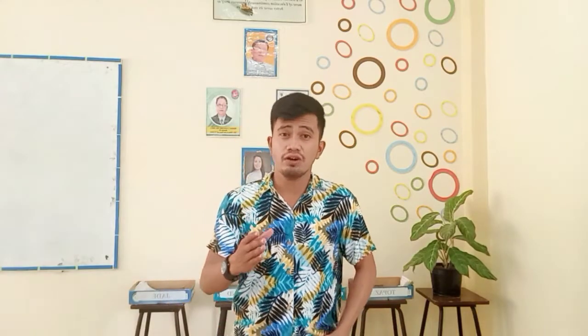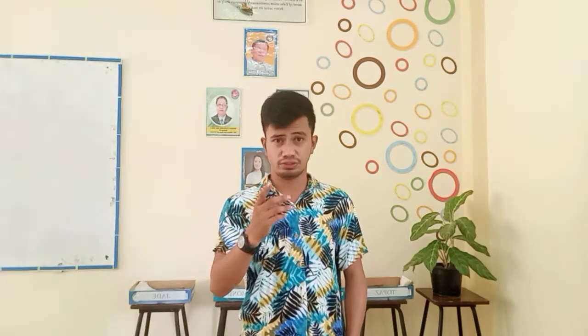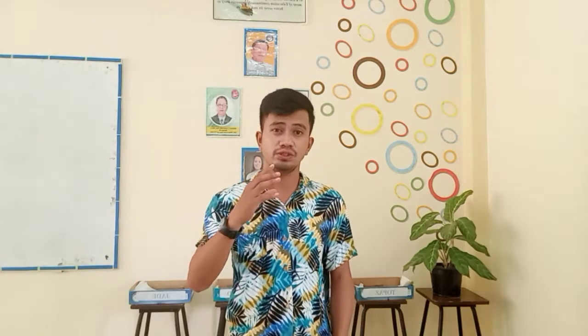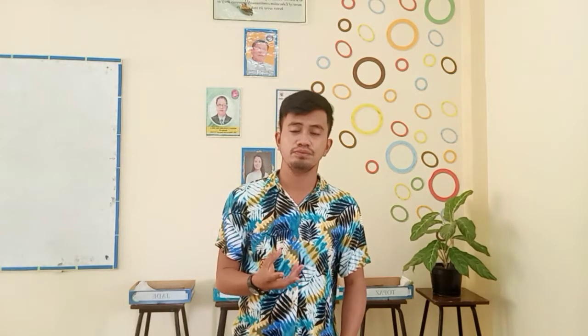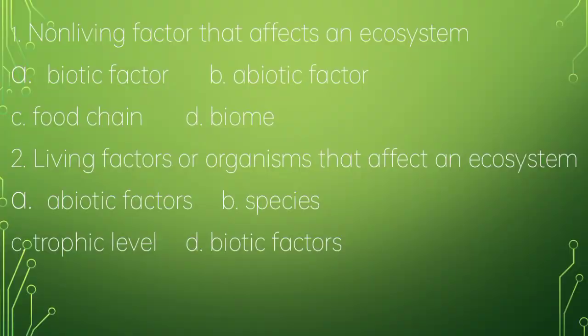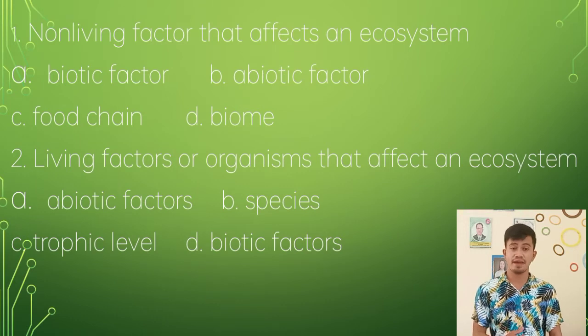And for our last activity, let's assess. What you are going to do is to read and understand each item carefully, then encircle the letter of the correct answer. You need to answer that on extra sheets of paper. For number 1, non-living factor that affects an ecosystem.